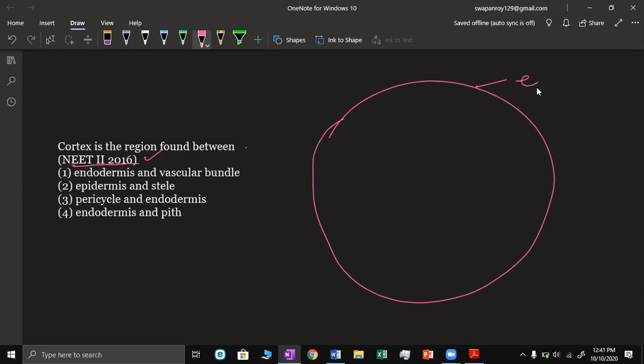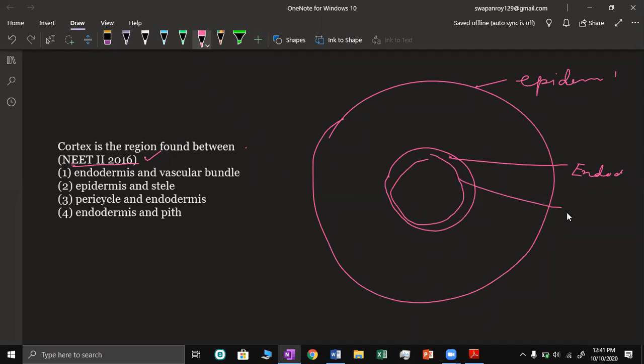Say this is epidermis, and on the inner side, say this is endodermis, and inner to the endodermis there is a layer called the pericycle, and the ground tissue here is the tissue in between epidermis and pericycle.